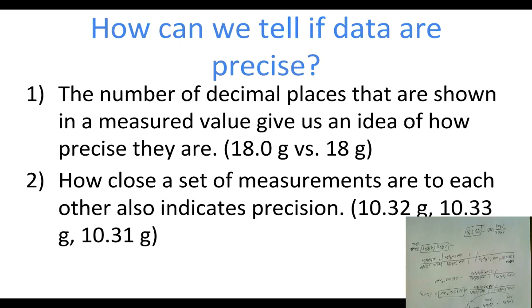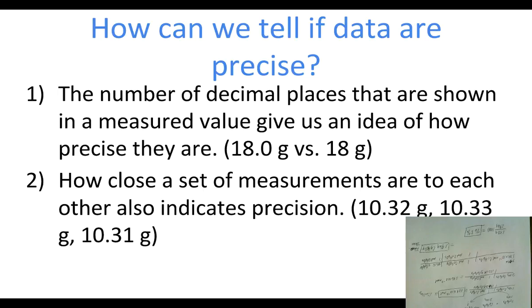So we treat them the same way when we calculate, but 18.0 has three significant figures in it, where 18 only has two significant figures. And so 18.0 gives us more information. It's all the way down to a tenth of a gram, where 18 is just down to the nearest ones place, okay?